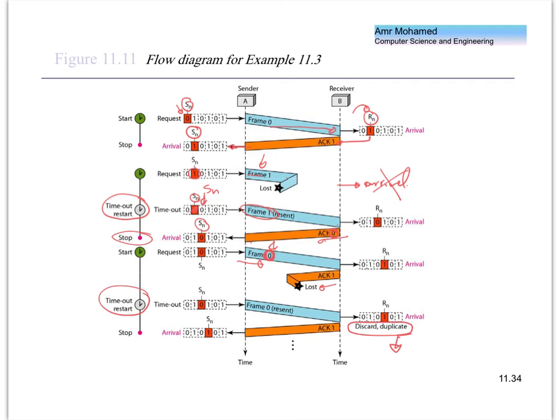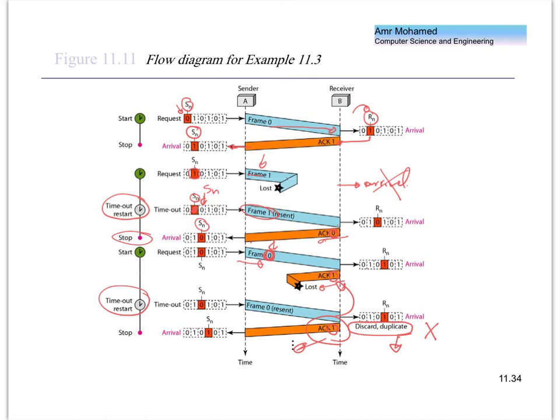The duplicate frame will be ignored, but very important, the acknowledgement will be sent again. And now the acknowledgement here is the same as here. Why? Because this may indicate that the first acknowledgement may have been lost, in which case I have to send the acknowledgement again. That's part of being persistent.